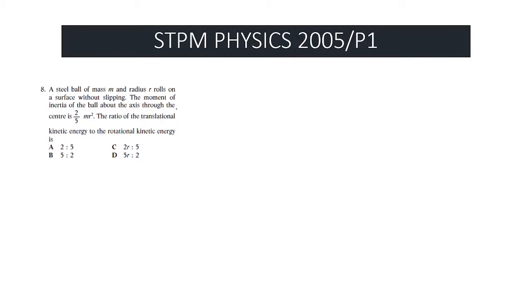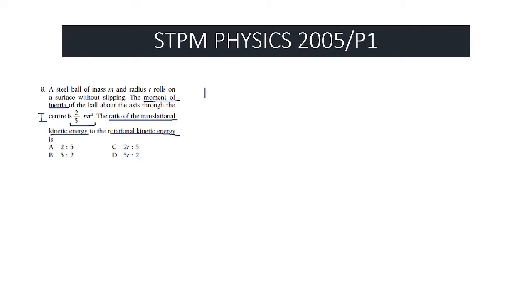In this question, the information provided is the moment of inertia of the ball. So this 2 over 5 mr squared is the I, moment of inertia, and you want us to find out the ratio of the translational kinetic energy to the rotational kinetic energy.